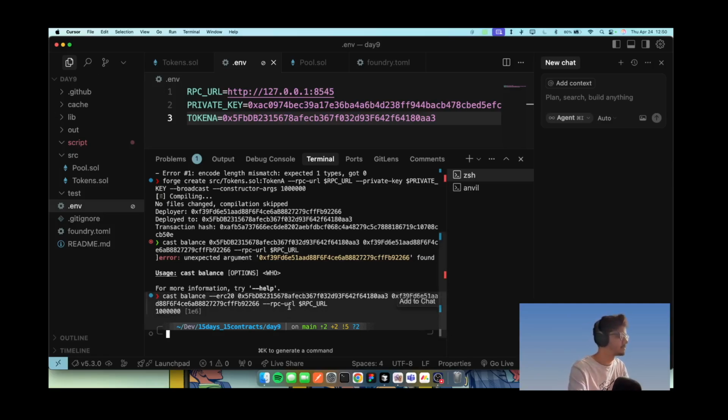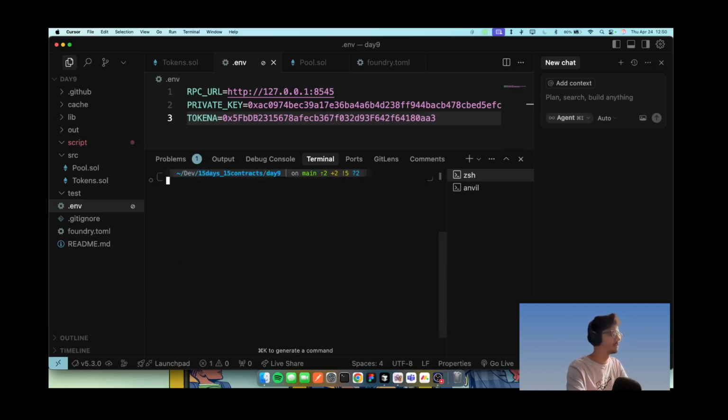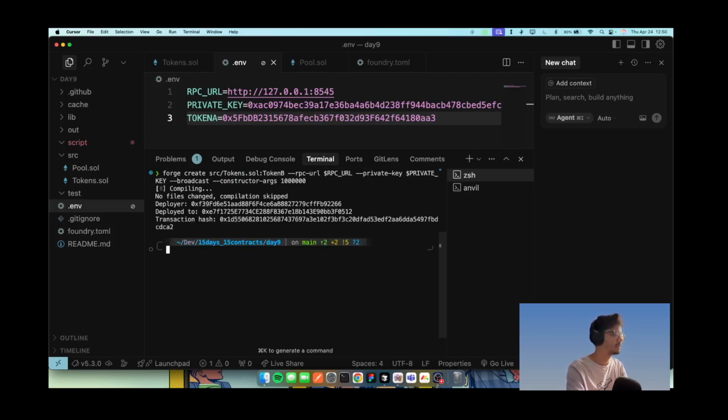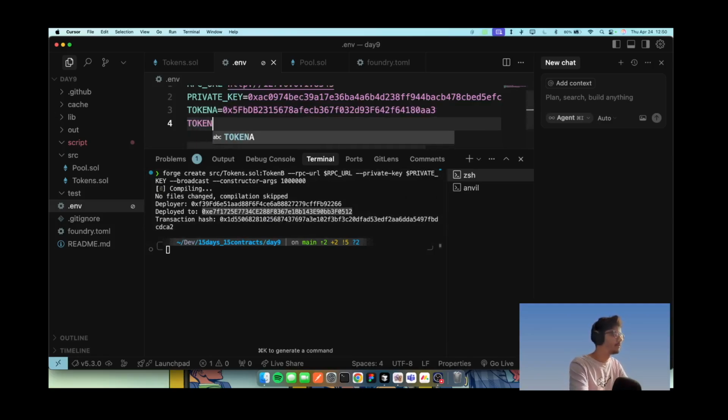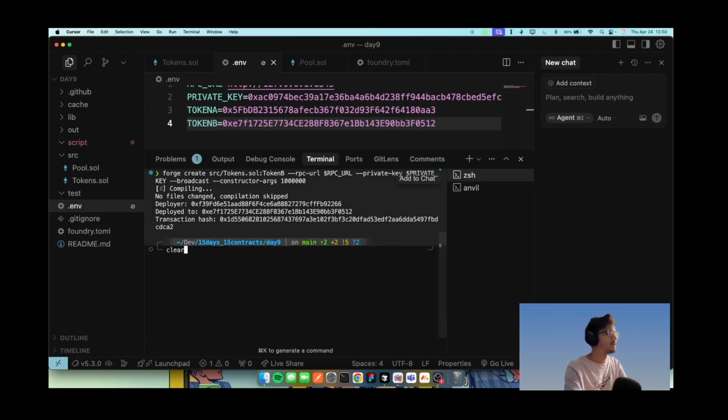Now let's write the same thing here again, forge create, and this time we'll go for token B. Okay, and we'll deploy token B with the same private key again. Token B is equal to this. Okay, let's check the balance now.